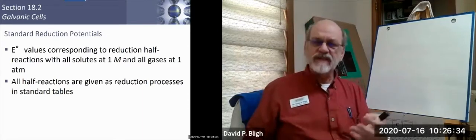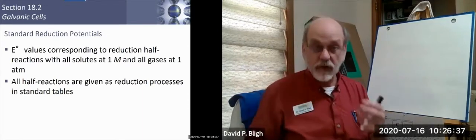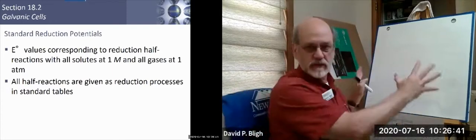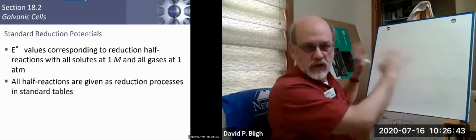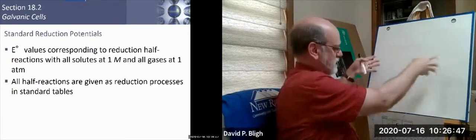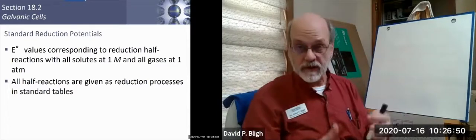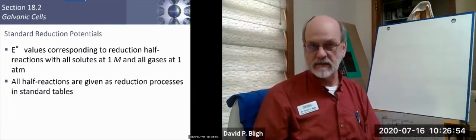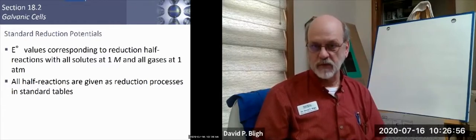Now, it would be convenient and very useful if we could balance our reaction and then use the values that are obtained from the balancing process to calculate a theoretical voltage for the reaction.